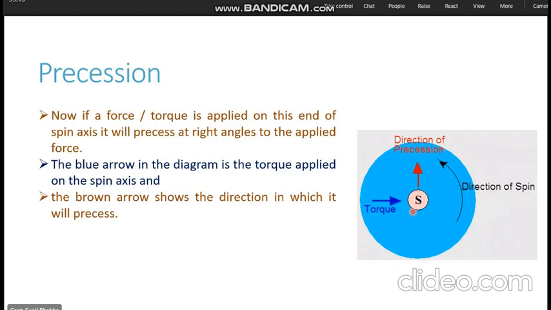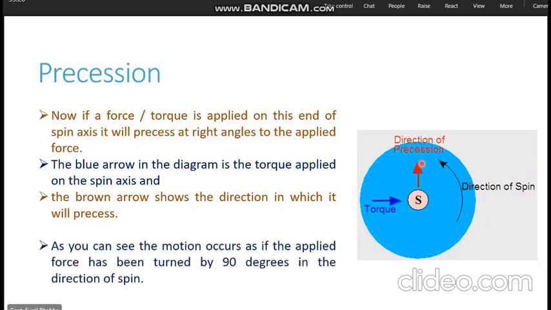So the south end of the spin axis is going to precess upwards. As you can see, the motion occurs as if the applied force has been turned by 90 degrees in the direction of the spin.